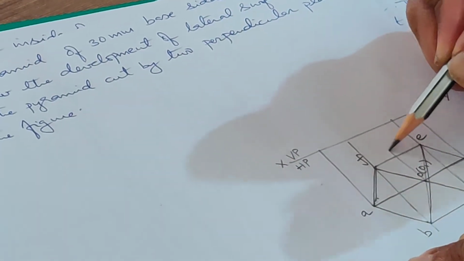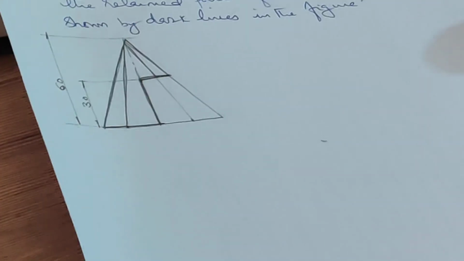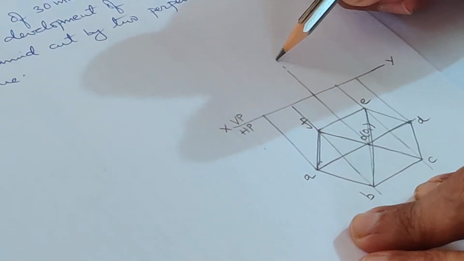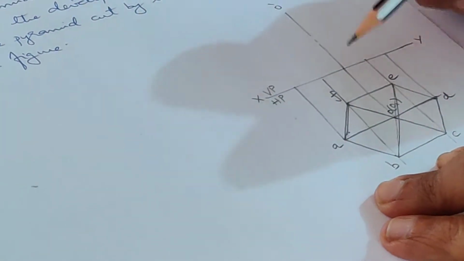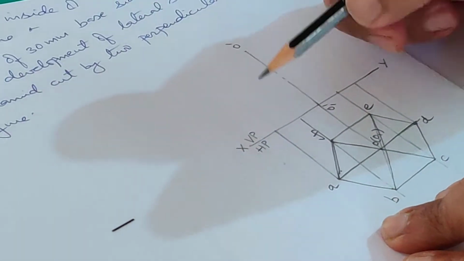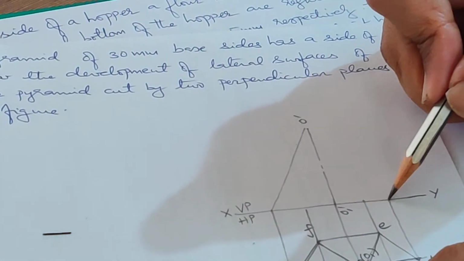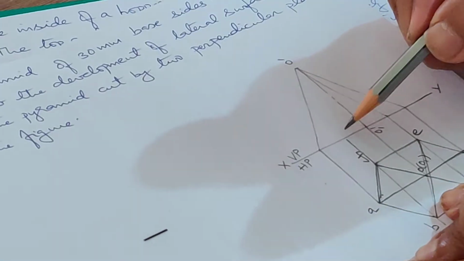You are given the height. The height is given here in the figure. It is 60. So from here you draw a chain line equal to 60 mm length. Call it as O dash. This is O1 dash. Let us draw it using light lines first.